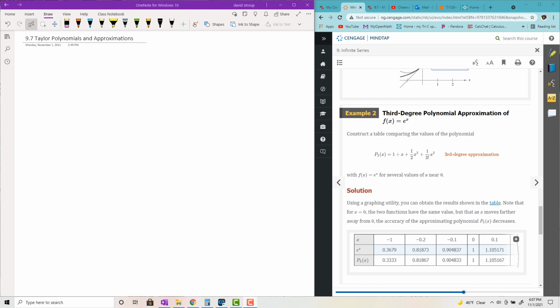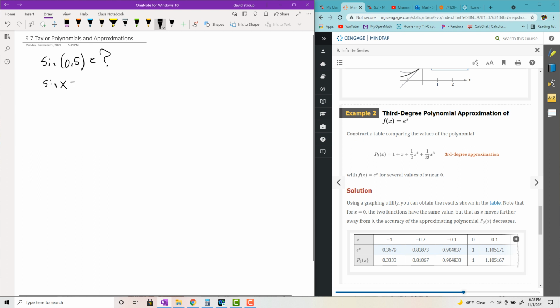Hey, welcome back. So now we're trying to actually connect all the theory and methods that we've accumulated here to the main purpose of this whole chapter, which is to find out what things like sine of 0.5 are equal to. It'll turn out we can accomplish this by viewing this as an infinitely long polynomial.